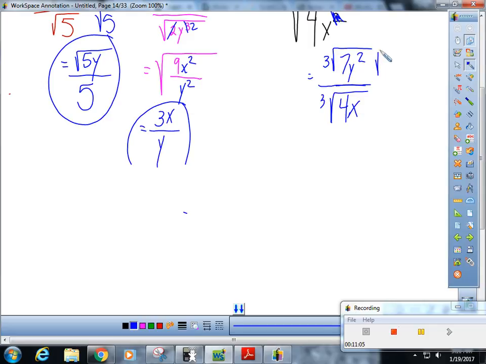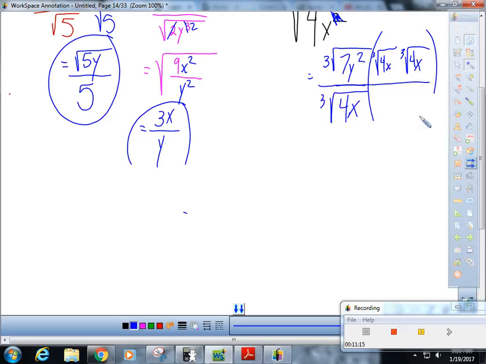So what you got to do is multiply by the cube root of 4x times the cube root of 4x over the cube root of 4x times the cube root of 4x. This is the strategy when they're cube roots. You won't have to do this a whole lot. This is difficult, okay? So just multiply everything out.